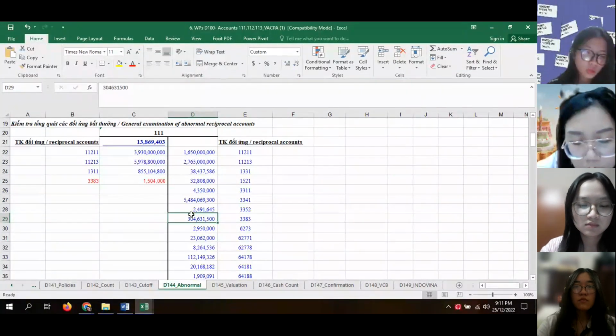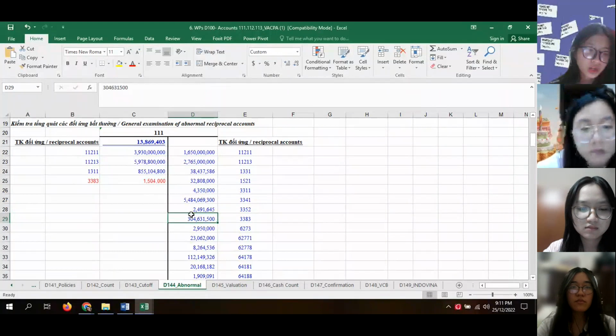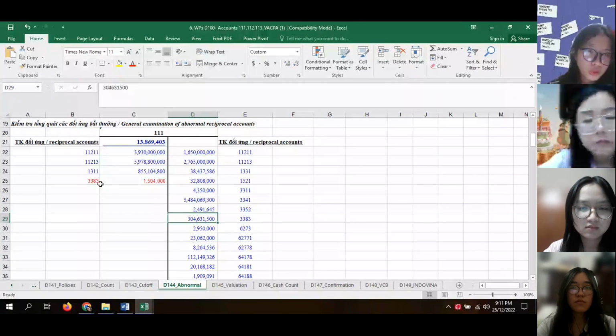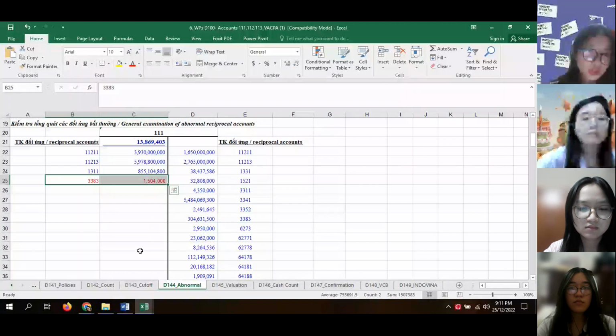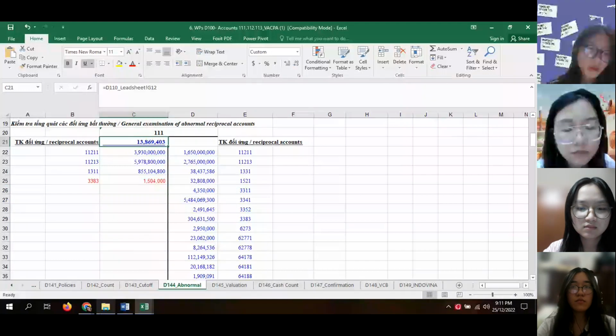And then we will look up if there are any unusual accounts to search. It will be based on the appendix of circular 200. After looking up the account 3383, it is a bit confusing, but it is not too far from zero when compared to the total amount of the money, so we can skip it.